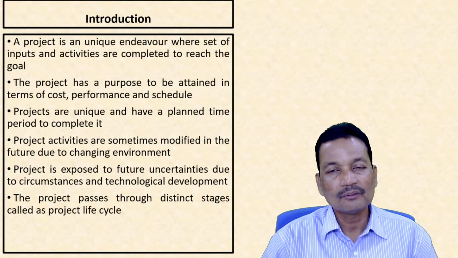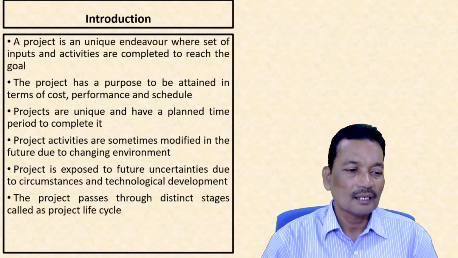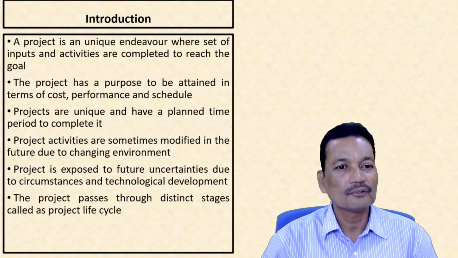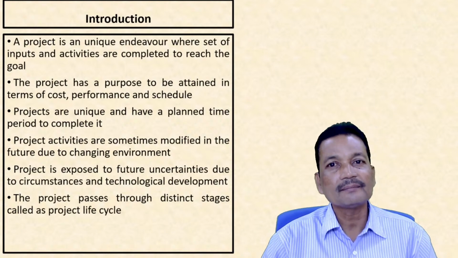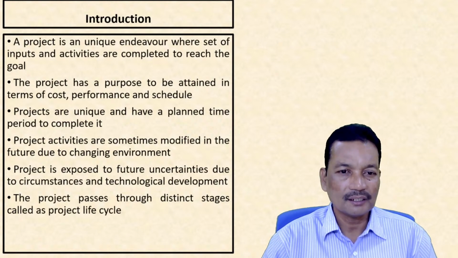Now, what is that future uncertainty? Suppose I have thought of completing an activity by spending rupees 1 lakh. Now, this activity will be carried forward in the future time period.